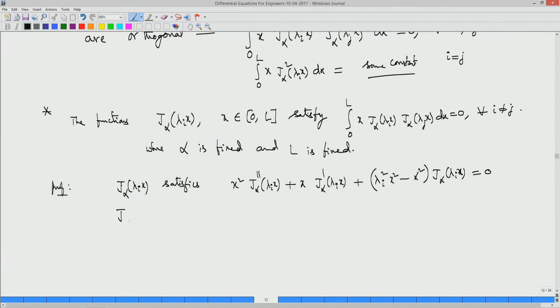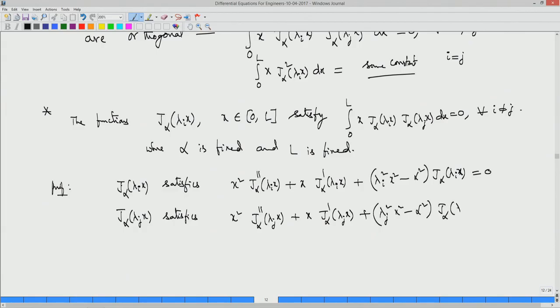Similarly, j alpha of lambda j x satisfies x square j alpha double dash of lambda j x plus x times j alpha dash of lambda j x plus lambda j square x square minus alpha square times j alpha of lambda j x equal to 0.